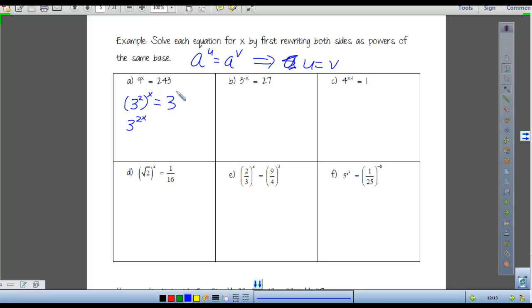Was it 5? Okay. 3 to the 5. All right, so now we can say 2x equals 5, or x equals what? 5/2. Okay, but once we were able to write these using the same base, then solving for x was very easy. Questions about that?